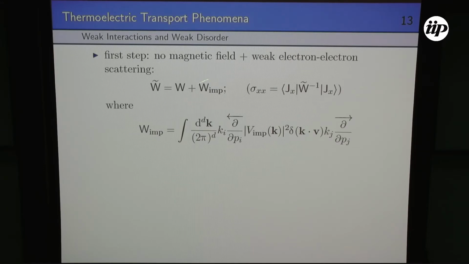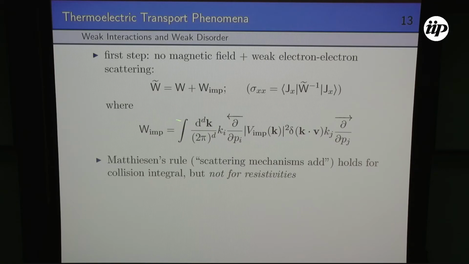So the electron impurity contribution to the collision integral is really a single particle effect. This is very conventional. And we find Matthiessen's rule in the collision integral. So very conventional so far. The only thing to keep in mind is that these are matrices, no longer scattering times. So we have to be careful that these matrices add, but that doesn't mean that their eigenvalues all add.